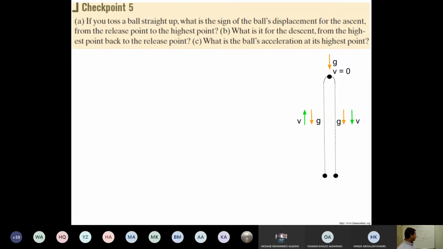Positive, because here you see the XY axis, and consider yourself sitting on this platform. If something goes upward, it is going in the positive Y direction. If something is coming down, coming below your platform, then that will obviously be in the negative Y direction. So based on which direction they are moving, plus Y or negative Y, we will assign the sign to the displacement accordingly.